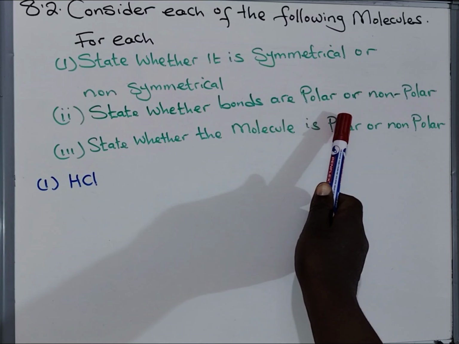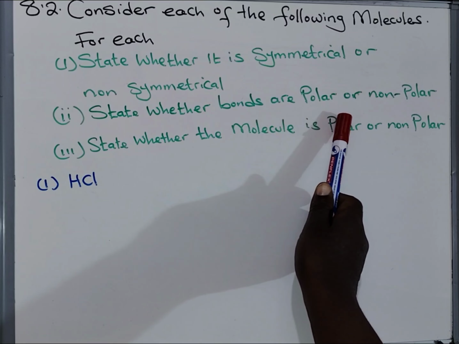So the shape is trigonal planar, but the symmetry is destabilized by having another atom here. Fluorine are there, but they are different from chlorine. So the presence of this one makes the molecule non-symmetrical, because it's different from the fluorine atoms. And the bonds, are they polar or non-polar?